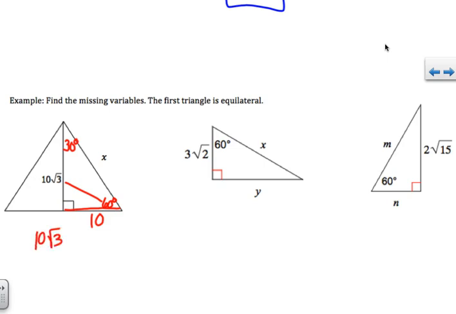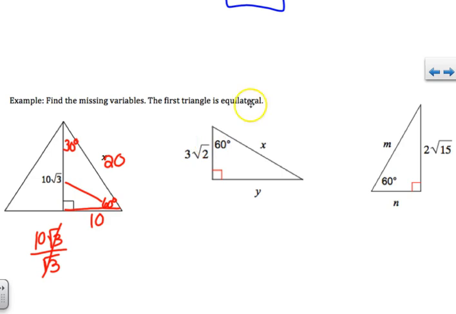Because the square root of 3, when I divide by 3, I just get a 10. So my short side is a 10, all is right in the world, times by 2 to get 20, okay? So the problem is not bad when they give you the 60-degree angle and it has a square root of 3. All can still be right in the world with that problem.